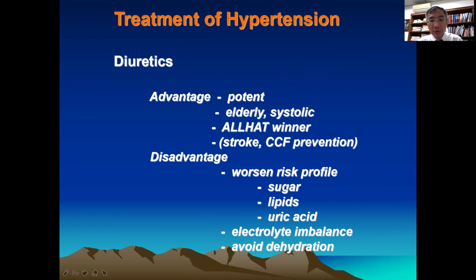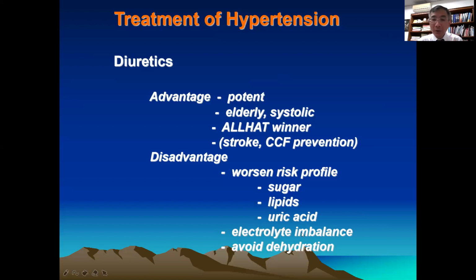That diuretics increase sugar, lipid, and uric acid levels. That diuretics can cause electrolyte imbalance, lowering the sodium, and for the thiazides, lowering the potassium too. For the potassium-sparing spironolactone and amiloride, they can lower the sodium and elevate the potassium level.